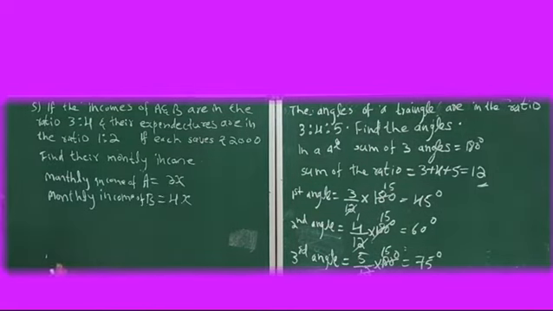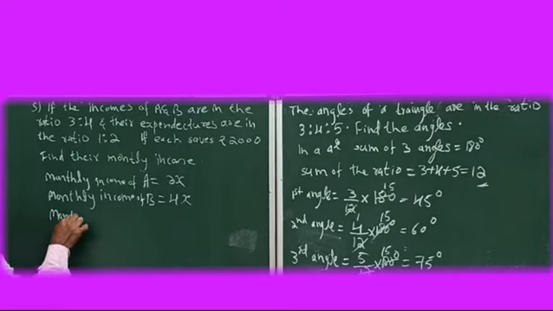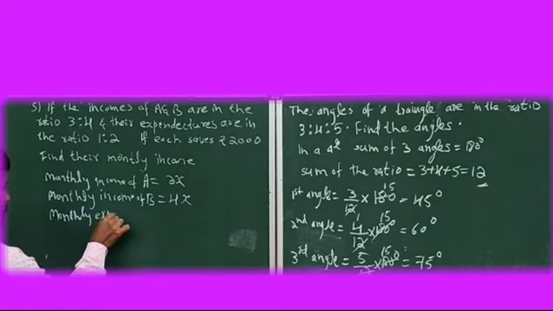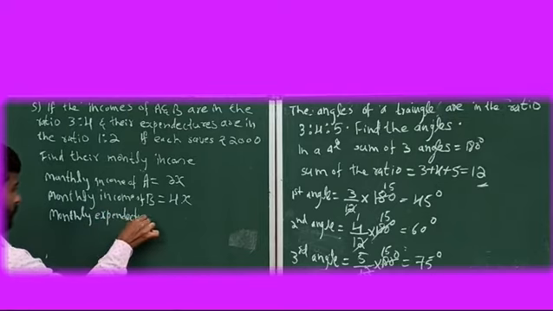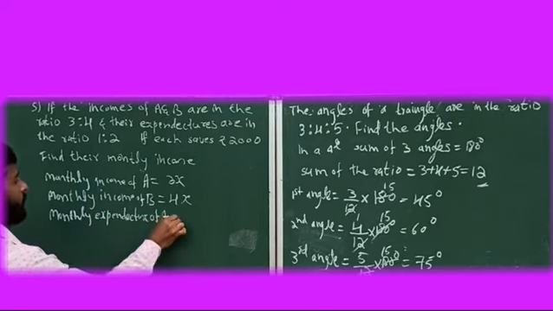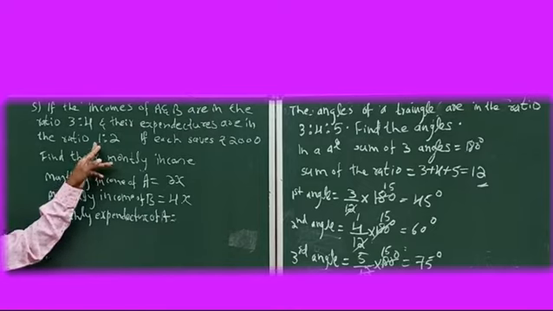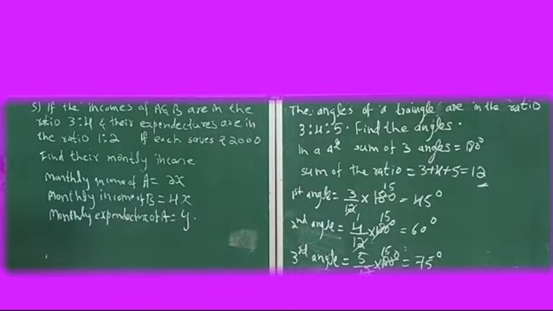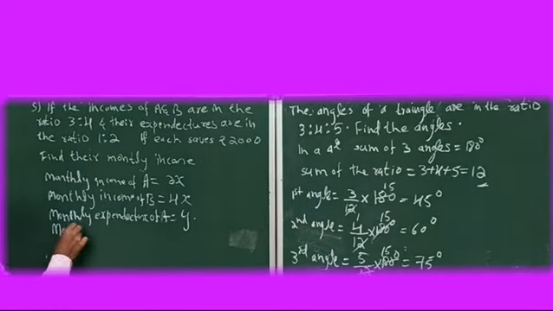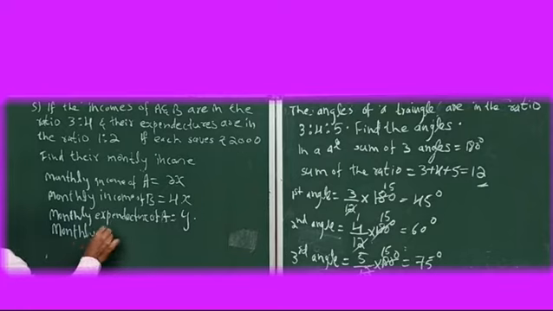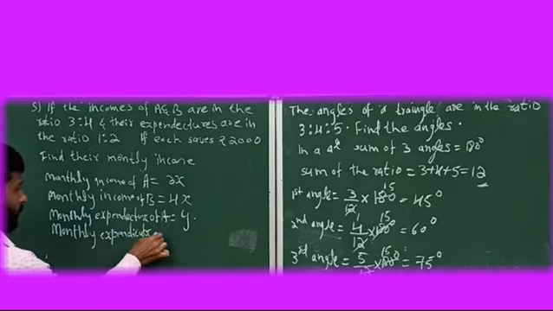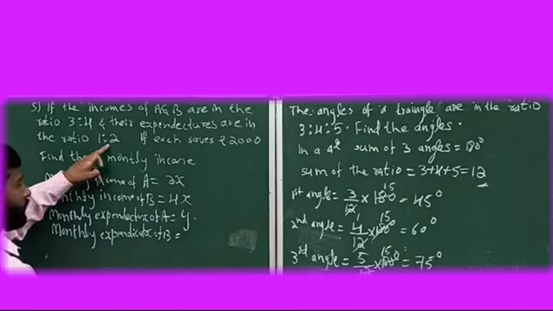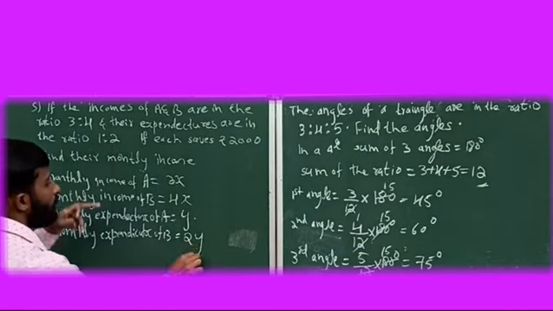Now go to the expenditure. Monthly expenditure of A is equal to, see, expenditure are in the ratio 1:2. I am taking 1 into y, it's equal to y, and monthly expenditure of B is equal to 1:2, so here I am taking 2y.